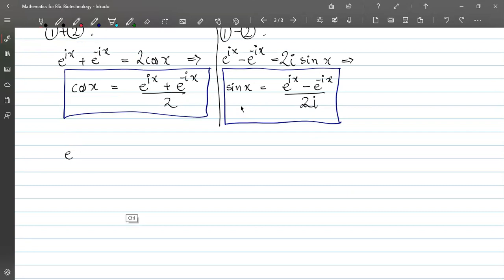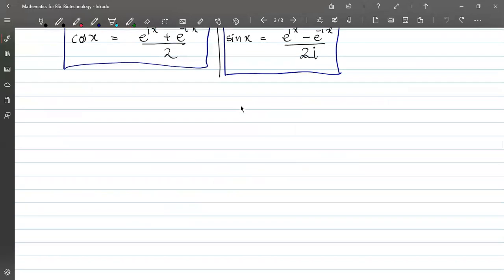Okay, let me first write down the general expansion for e power x to remind you. e power x is 1 plus x by 1 factorial plus x square by 2 factorial plus x cube by 3 factorial and so on.